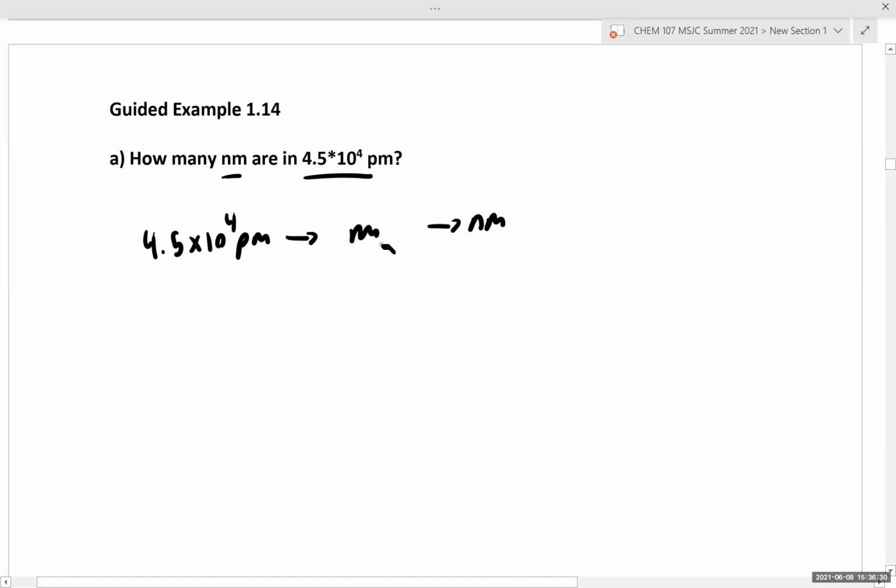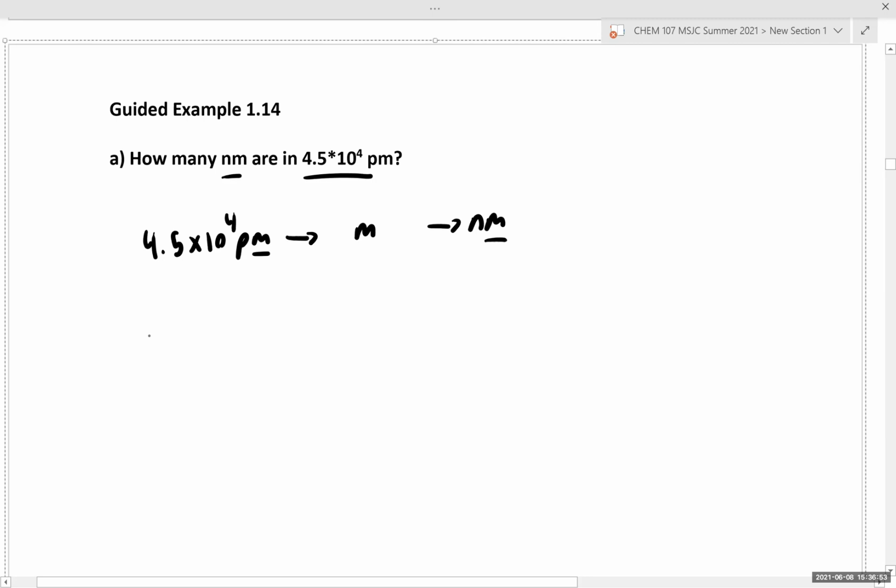And our shared base unit between picometers and nanometers will be meters. So now we're going to convert from picometer to meter and then from meter to nanometer.